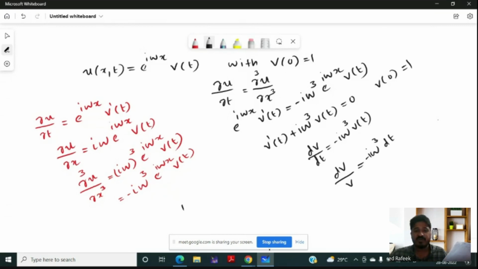So log v of t equals minus i omega cube t plus c. If you take the exponential, e raised to minus i omega cube t plus c will come, that is e raised to minus i omega cube t into e raised to c. That e raised to c I am taking as some other constant c1, so you can take that as c.